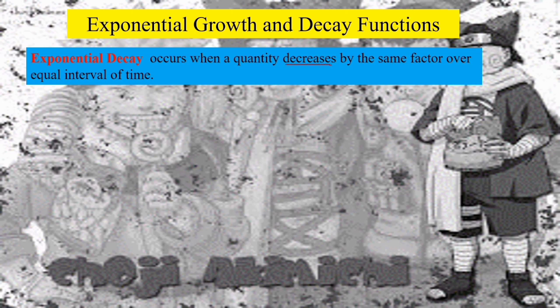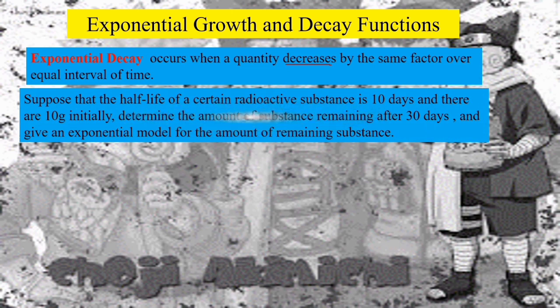Tama. Suppose that the half-life of a certain radioactive substance is 10 days and there are 10 grams initially. Determine the amount of substance remaining after 30 days and give an exponential model for the amount of remaining substance.